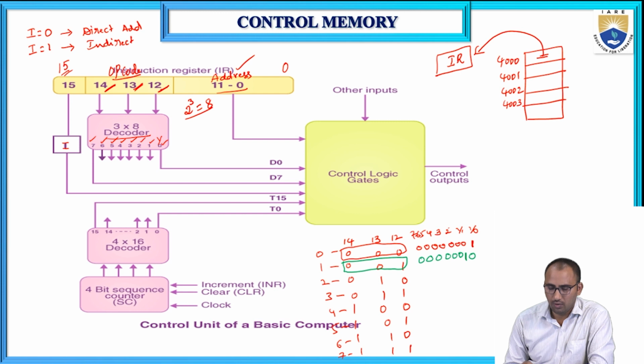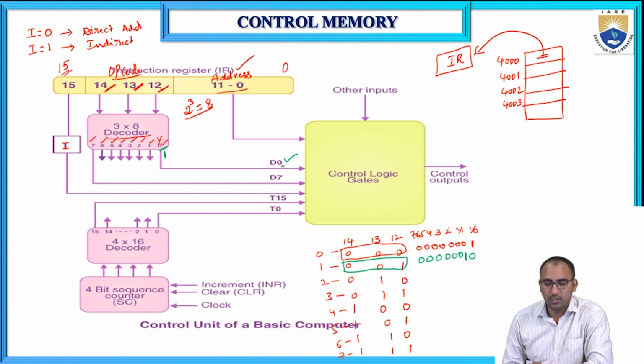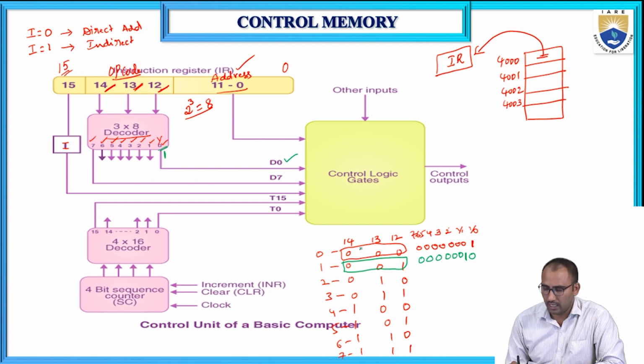So when inputs are all zeros, then y0 will be 1 and the remaining are all zeros. That means the D0 control signal will be generated. Suppose we assume when 000 is there, it performs one operation like addition.